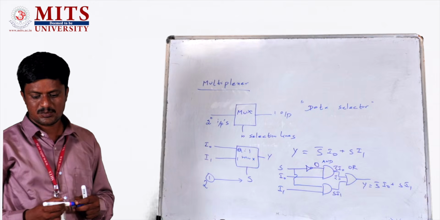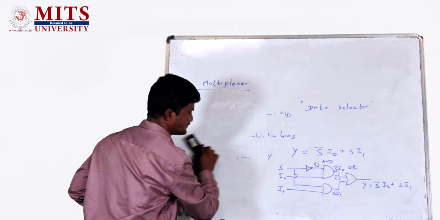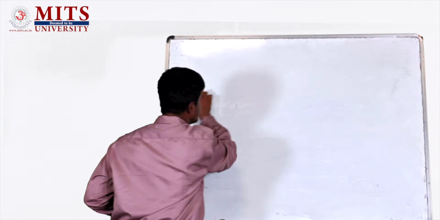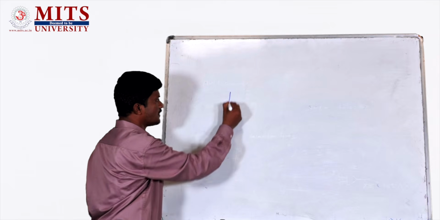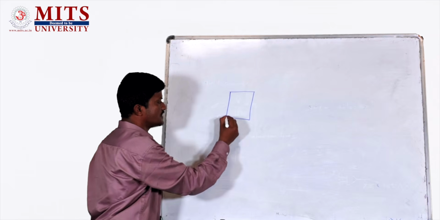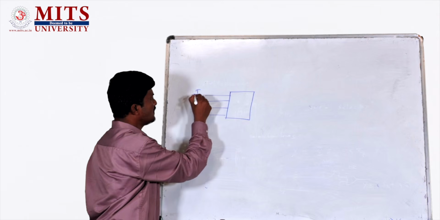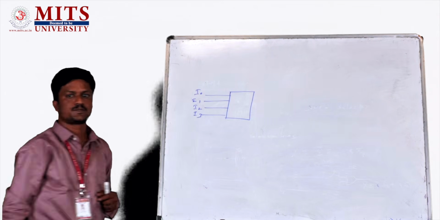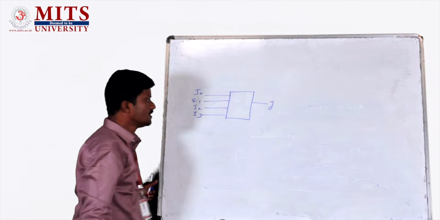The next example is the 4:1 MUX. The first one is the block diagram of the 4:1 MUX. It consists of 4 data inputs, namely I naught, I1, I2, I3, and one output, that will be Y. So now it's very clear.